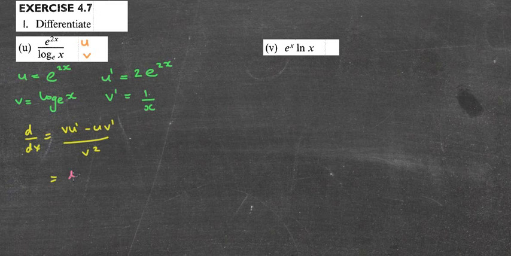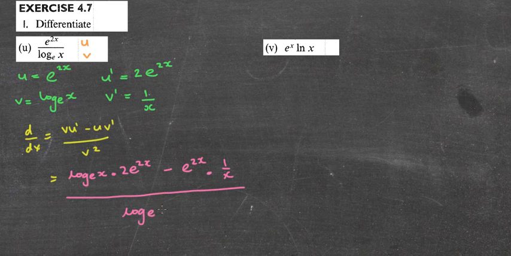My v is log e x times u dash, 2e to 2x, minus my u, which is e to the power of x, times my v dash, which is 1 on x, all over v squared, which is log e x, all squared.